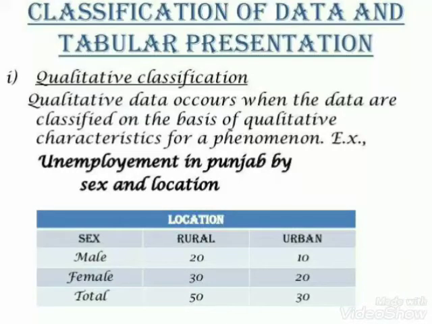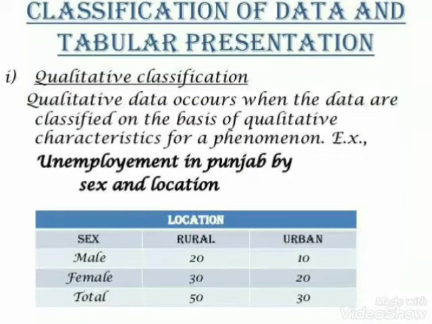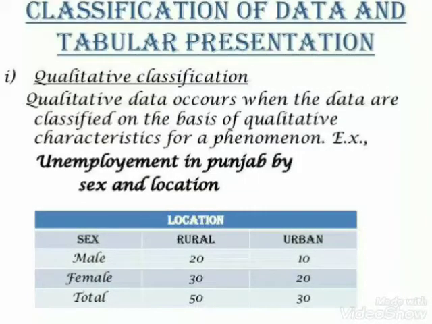So that means the total of male and female in the rural area is 50 and in the urban area is 30. So children, this shows how a tabular presentation of data, when classified on the basis of qualitative attributes or qualitative characteristics, comes up with this kind of presentation.